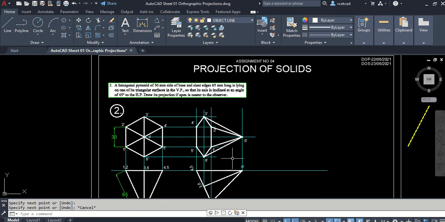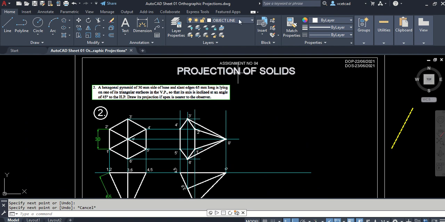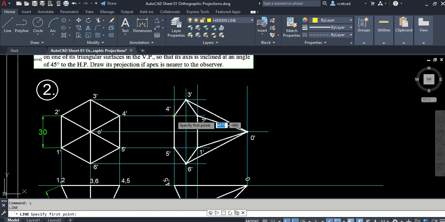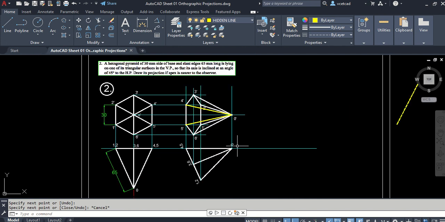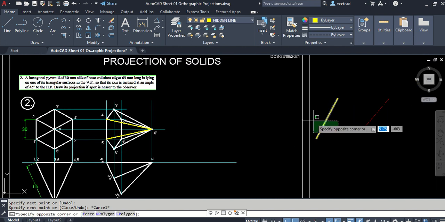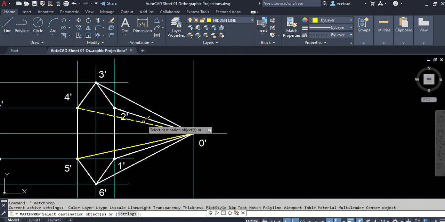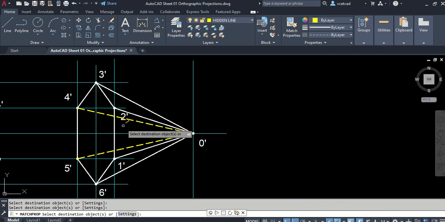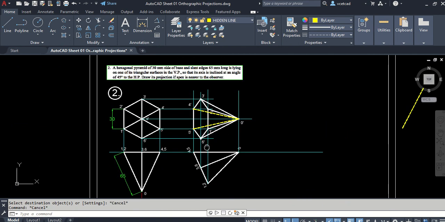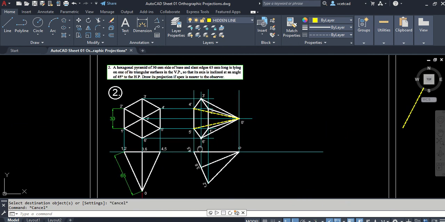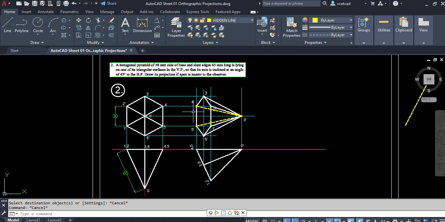Now hidden lines are missing, so those lines we can draw. 1 to 4 and 4 to 1, these two lines will be hidden, so you have to show that as a hidden line. So here we have completed the stage 2. Hidden lines should be visible neatly. So now we have completed our stage 2, in which the object is resting on one of its triangular face.